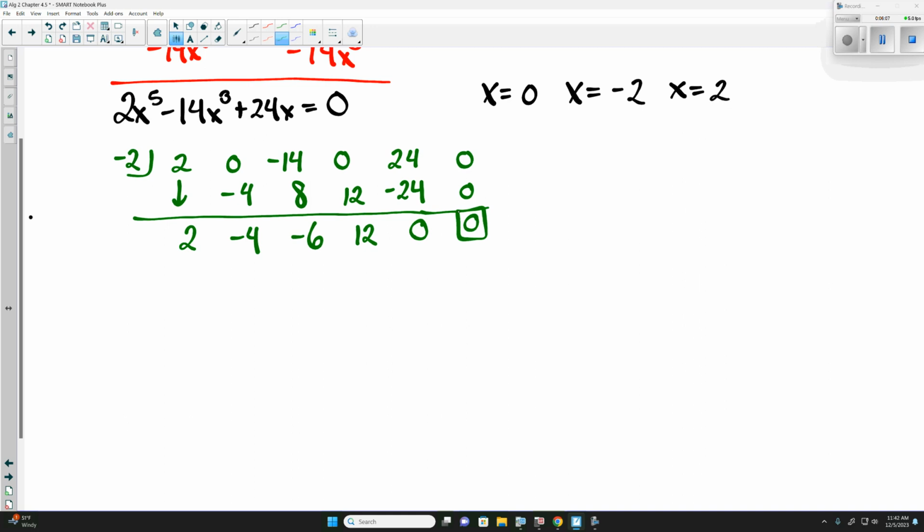Since we found this to be a solution when graphing, we know the remainder had to be 0.